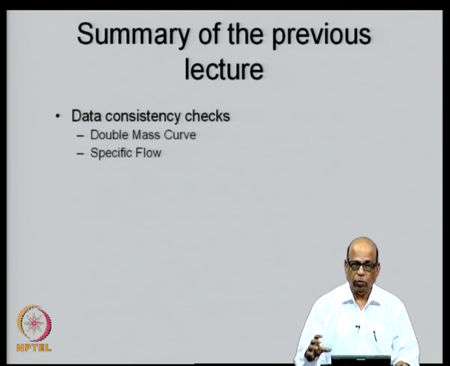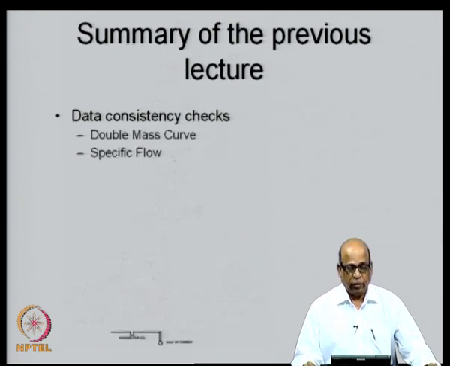And the specific flow is the flow per unit area. So, typically we reckon annual specific flows or the seasonal specific flows. So, you take the annual average flows indicated at a gauge divided by the catchment area contributing to the flows at that particular gauge. That is what we reckon as the specific flow.